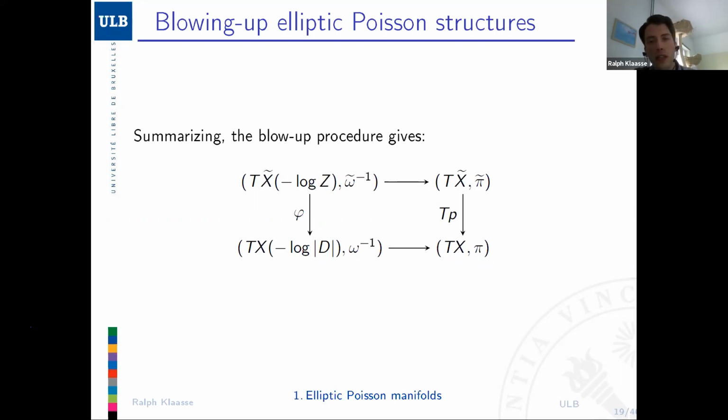So this is how you should think of these Lie algebroids. They're constructed in exactly the manner that is needed to desingularize the Poisson structure. So the Lie algebroids on the left side are basically isomorphic to the tangent bundle where pi and pi tilde live, except where they should be different, namely on Z or on D respectively.